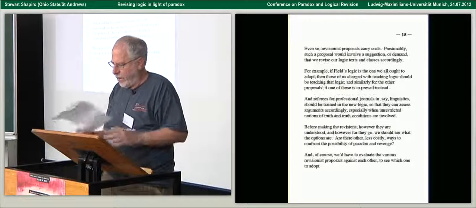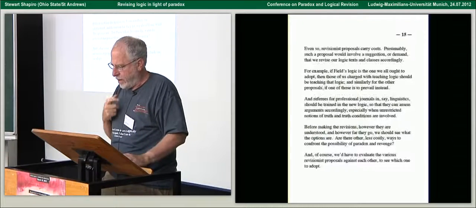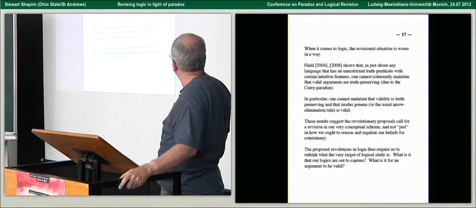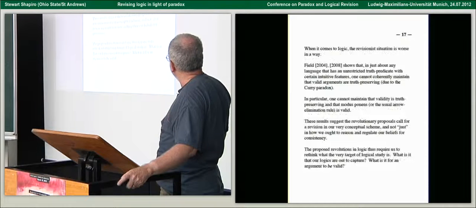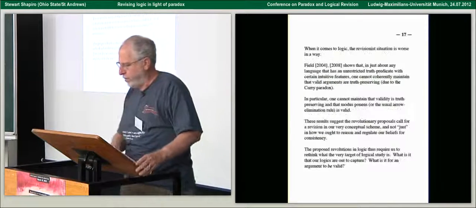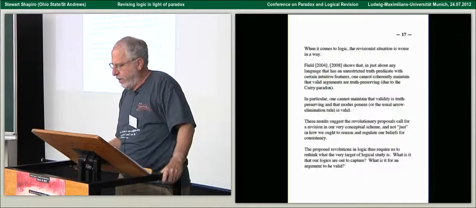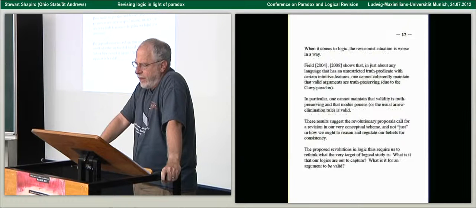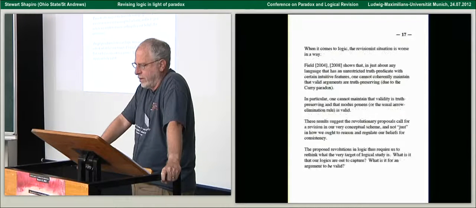All right, now when it comes to logic, the revisionist situation is actually a little worse than in the case of revising truth. Because, as Field points out, maybe this isn't quite as strong as he makes it, but something close to it, in just about any language that has an unrestricted truth predicate with certain intuitive features, depending on what the logic is like, you can't coherently maintain that valid arguments are truth-preserving because of the Curry paradox.